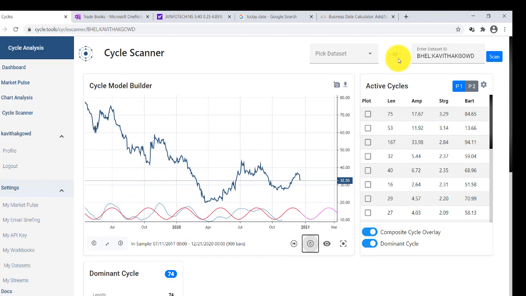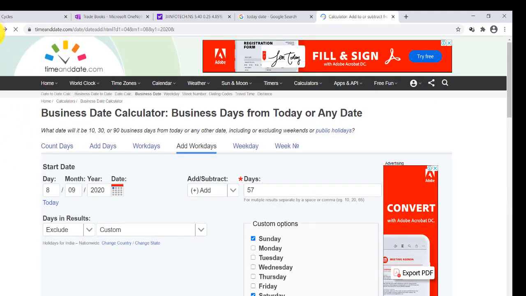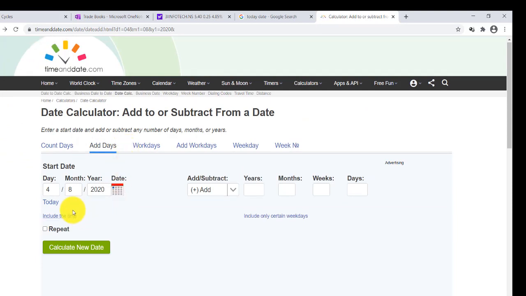See, the cycle was accurate on August 4th.